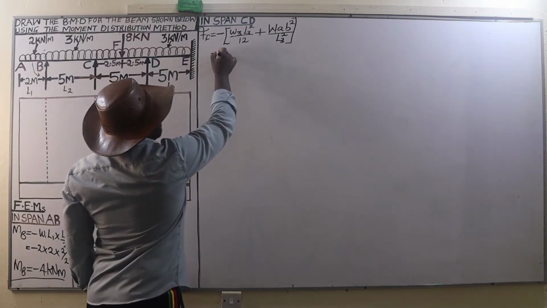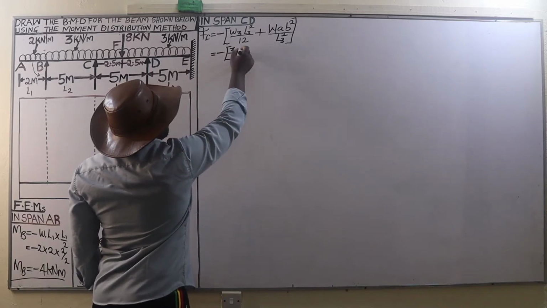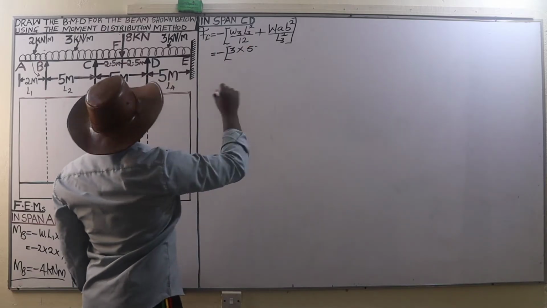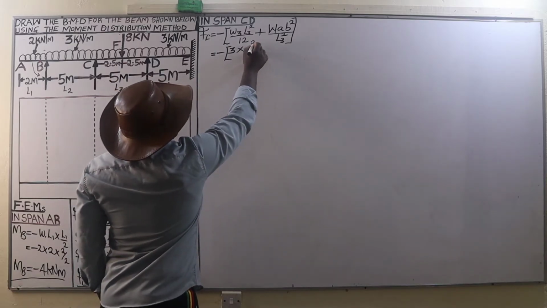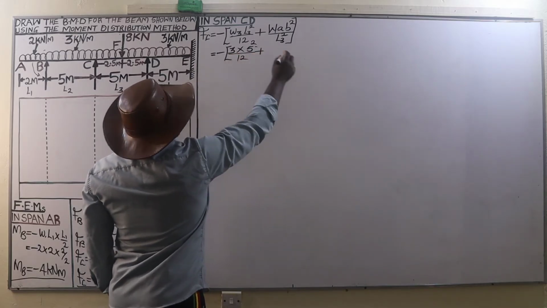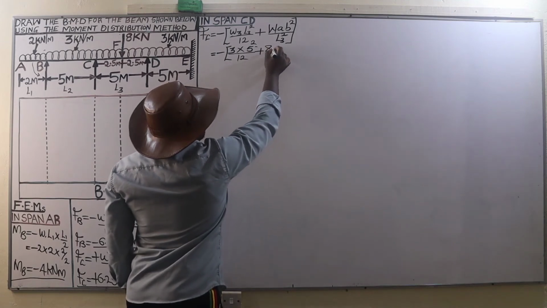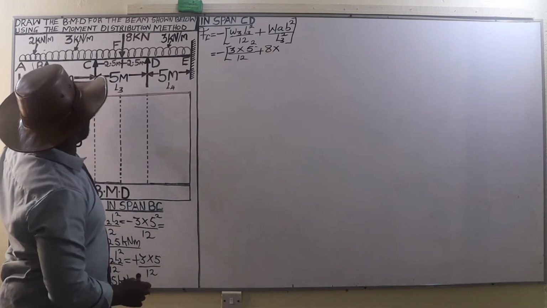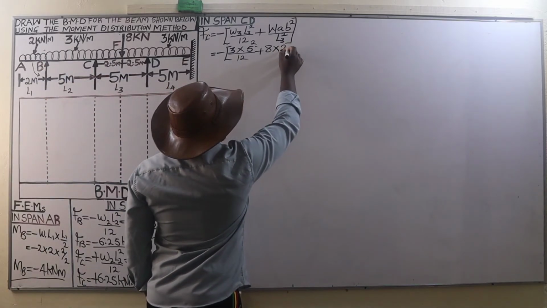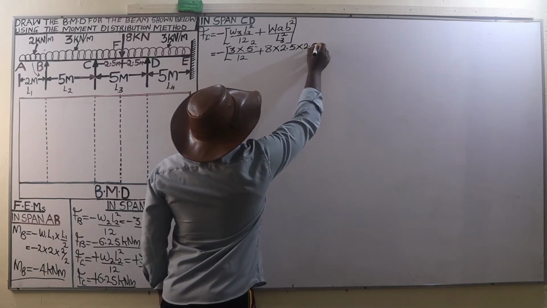Therefore, this will be given by negative W3 is 3 kilonewtons per meter, L3 is 5 meters, then that is squared, we divide that by 12. Then we add W, that is the point load of 8 kilonewtons, multiplied by A. A is the span C to F, which is 2.5, so that is 2.5, multiplied by B, which is 2.5 as well.